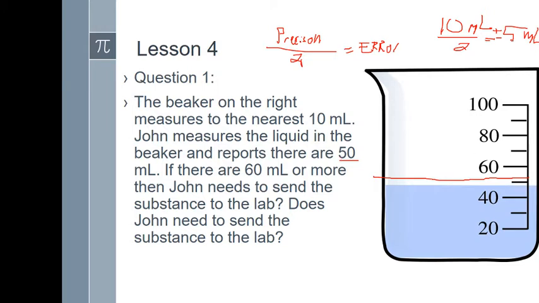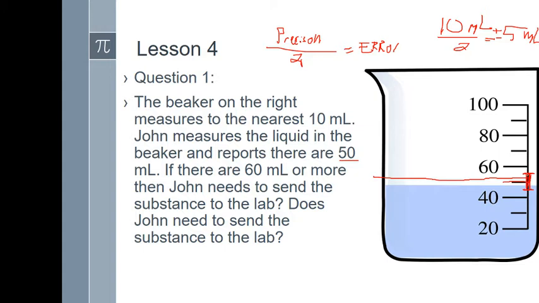Now this is where the error comes in. If you cut each of these in half, I'm going to call this the halfway mark here, and this the halfway mark here. Notice that if the liquid was anywhere within these red lines that I drew, because it's more than halfway above this point and less than halfway above this point, I would have to call it 50.